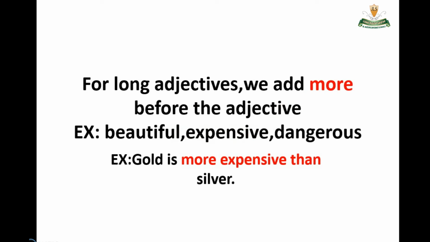For long adjectives, we add more before the adjective. By long adjectives, we mean adjectives that contain more than one syllable, like the word beautiful, or expensive, or dangerous. We put the word more before the adjective, then the word than.